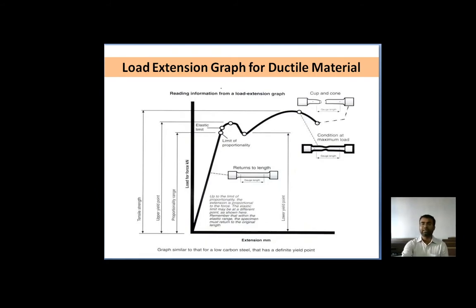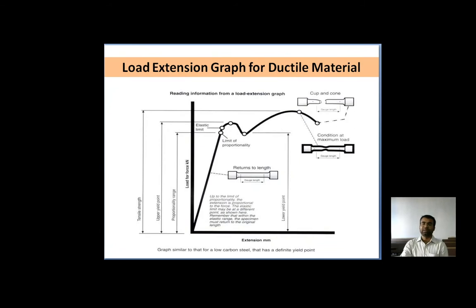So what is happening when we apply the load in the opposite direction? The material starts moving in the elastic region first, and slowly it reaches the proportionality range, and that is how we identify the elastic range.